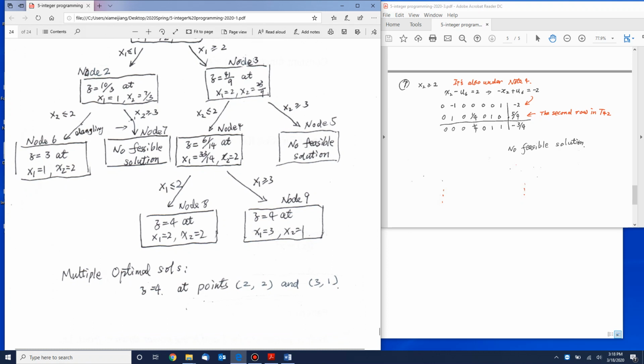No, because here we want an integral result, and the points between them are not integers, right? So we have multiple optimal solutions at z equals 4 at these 2 points. Okay, this is the end for the integer program problem.